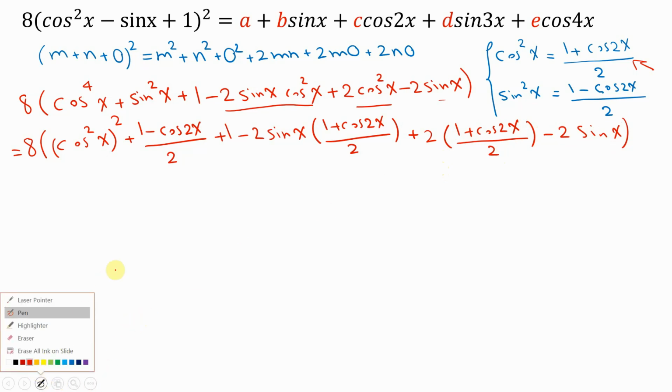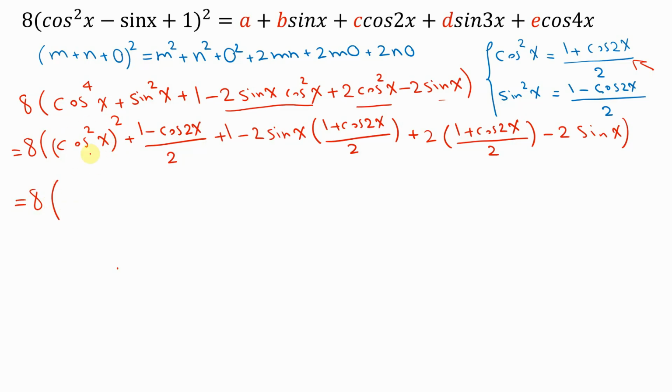Now I'm going to use again at the beginning for this one. How can we simplify it again? 1 plus cosine of 2x divided by 2, all to the power of 2. And how about the rest?